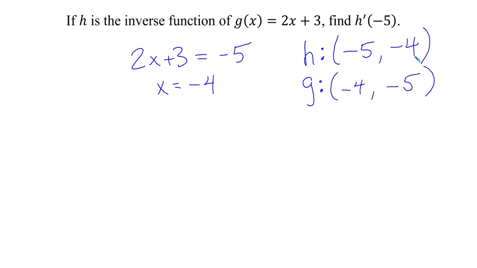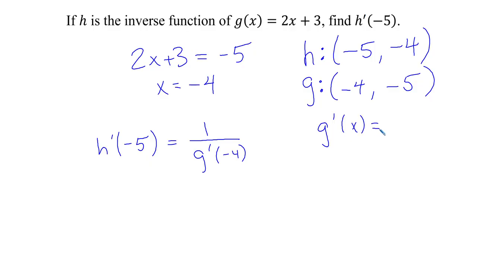And so if we want to find h prime of negative 5, it should just be equal to 1 over g prime of negative 4. Now, in this instance, it didn't really matter what that value was, because g prime of x is just 2, right? And so g prime of negative 4 must also just be 2. So this ends up being 1/2.